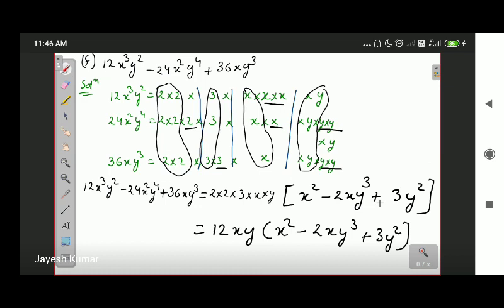Is the y square taken as common? That was what I was worried about. I've written it wrongly into y. This will be y square, this will be y square, this will be y square, this will be y.